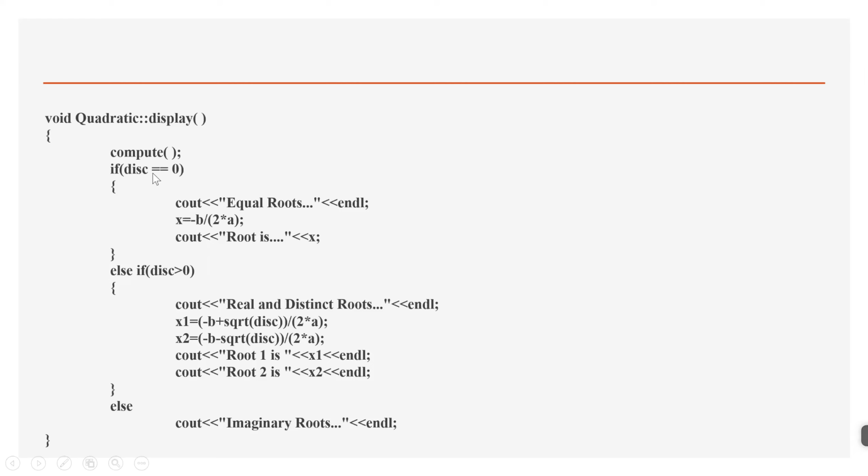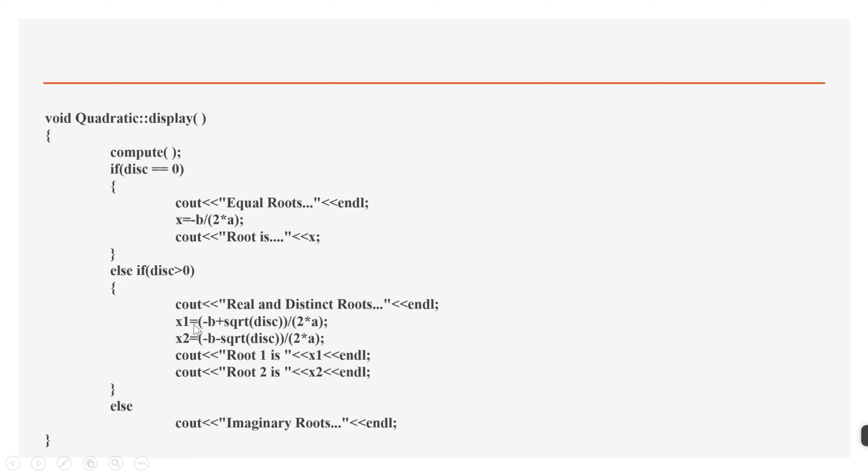If the discriminant, which is found out by running the function called compute, is equal to 0, my x becomes minus b by 2a, wherein roots are equal. I'll display only x. If this condition is wrong, then I will check whether the discriminant is greater than 0. If it is greater than 0, the roots are real and distinct.